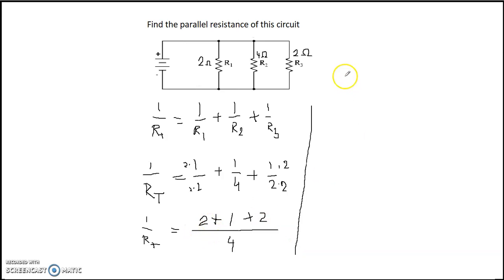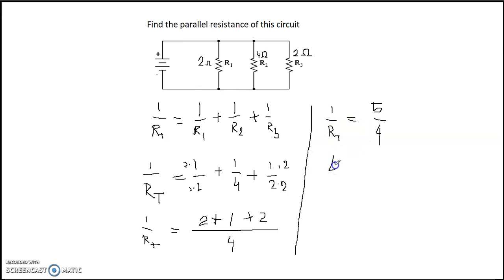Which will basically give us 1 by R total equals 2 plus 2 is 4, plus 1, 5. 5 by 4. At this point, to find R, we can simply cross multiply, or we can multiply both sides by 4 to get rid of this 4, and then also multiply both sides by RT to get rid of the RT from this side.